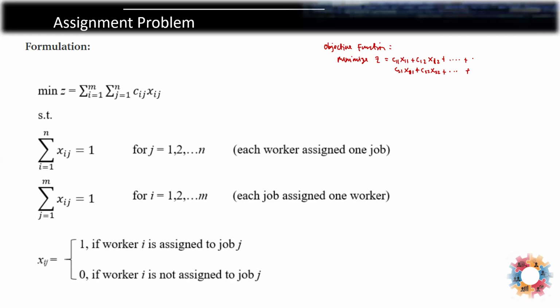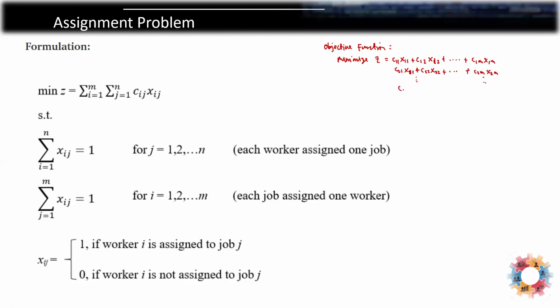Plus C sub 1N, X sub 1N. Here you have C sub 2N, X sub 2N, and so on and so forth.